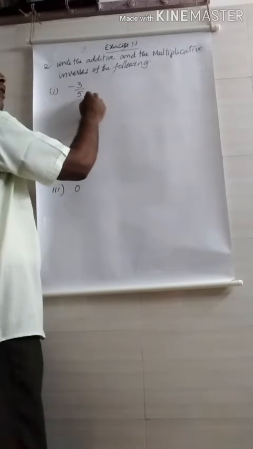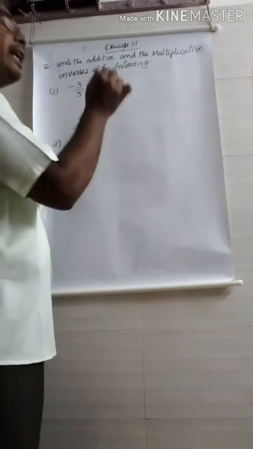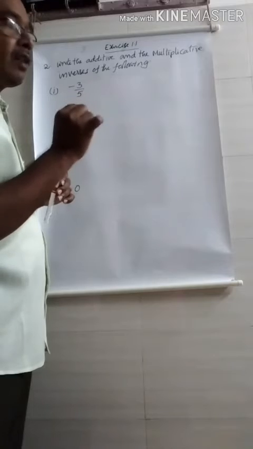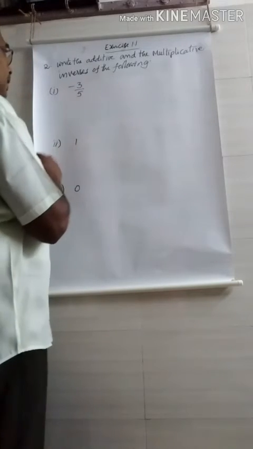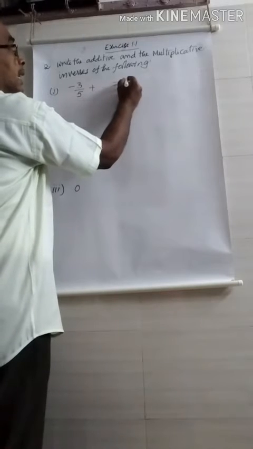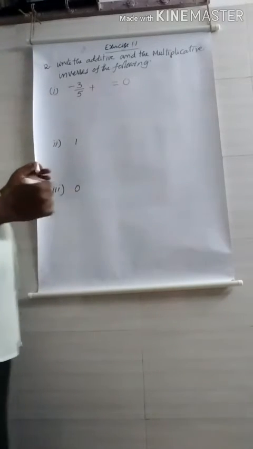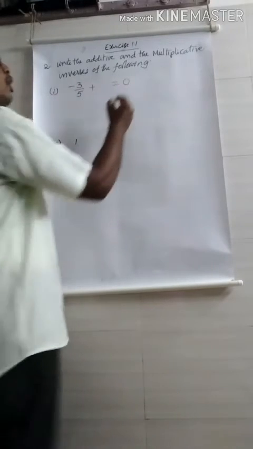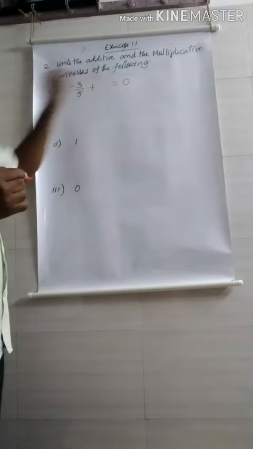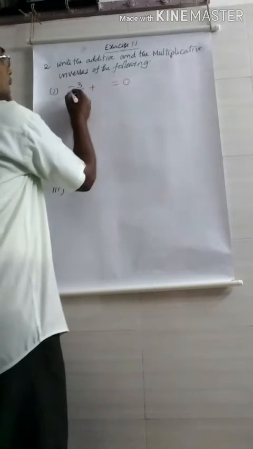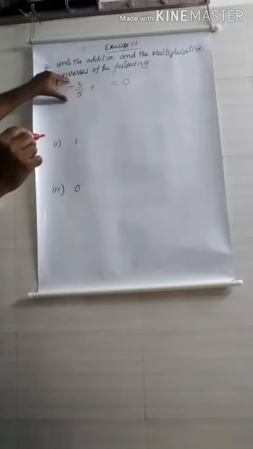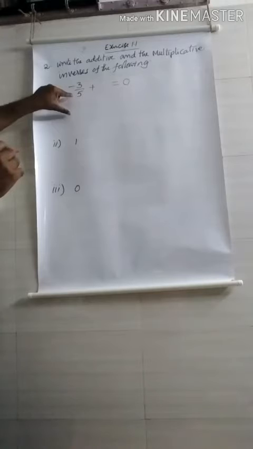Which rational number we add to -3/5 to get 0, that is called the additive inverse. To -3/5, how much do we add? What is our target? 0. For what number do we get 0? You simply remember it. What is the given rational? -3/5.